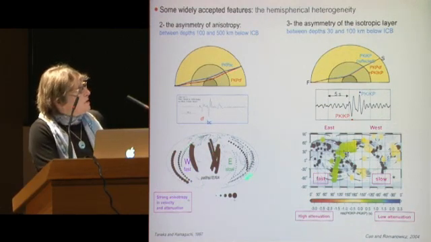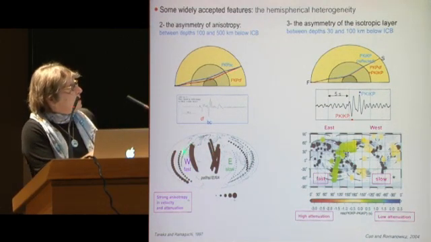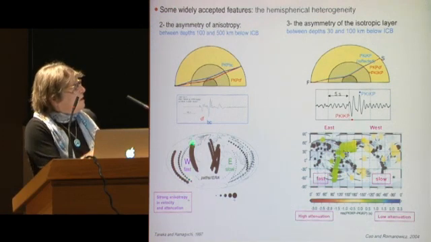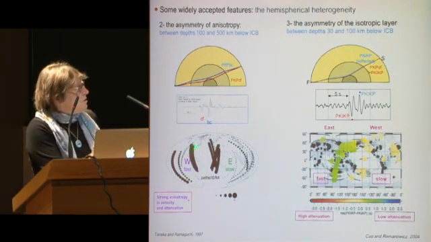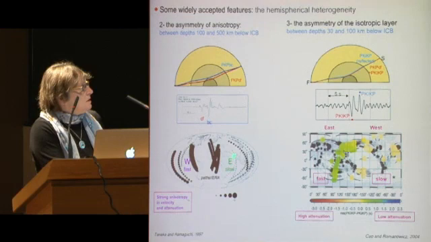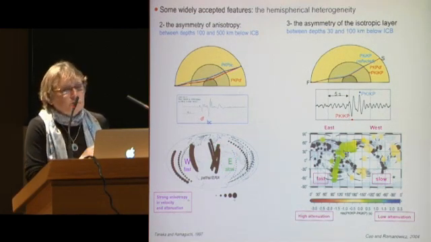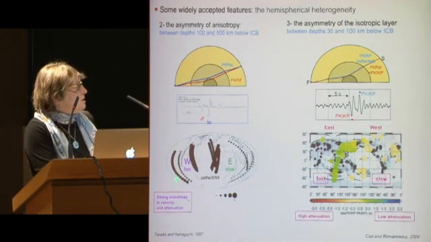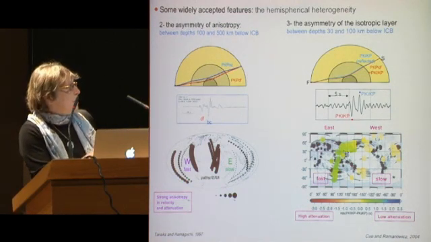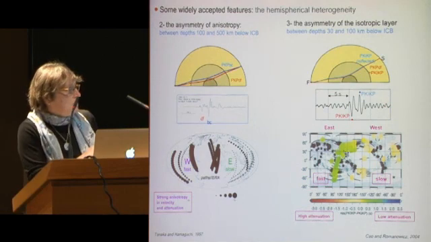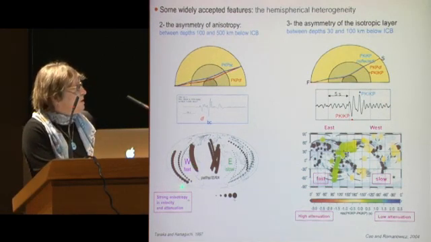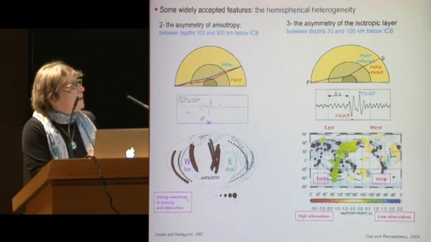So, as you may see here, the Western Hemisphere is fast, with short travel times, and the Eastern Hemisphere is slow for this path parallel to Earth's rotation axis. It's the opposite for paths which are parallel to the equatorial plane. So this hemisphere is more anisotropic than this one.